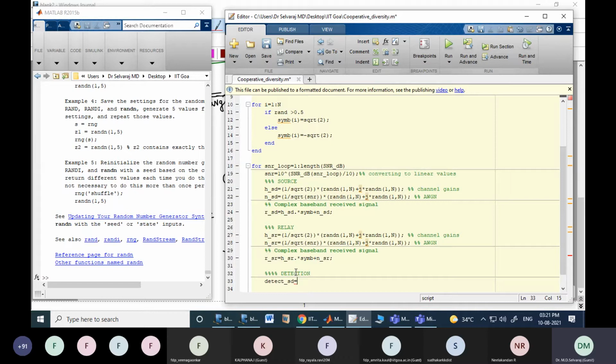Through the maximum likelihood detection process, I find the real of the conjugate of HSR multiplied by RSR. Quickly, I will take only 1 minute to explain this ML process.